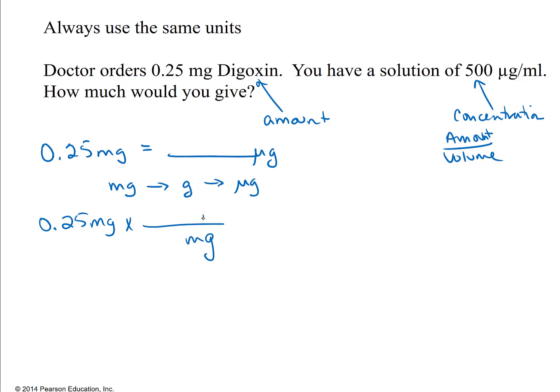Milligrams goes on the bottom, grams goes on the top. We're doing this as our first step here. Milli is 1,000. So in front of milli goes the 1,000, which means the base unit gets the 1.